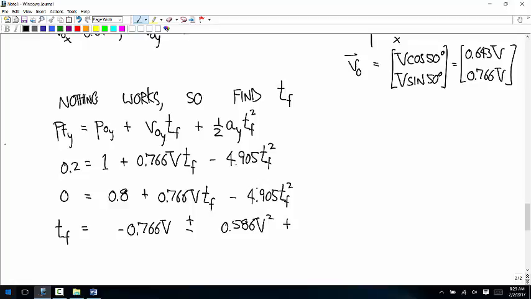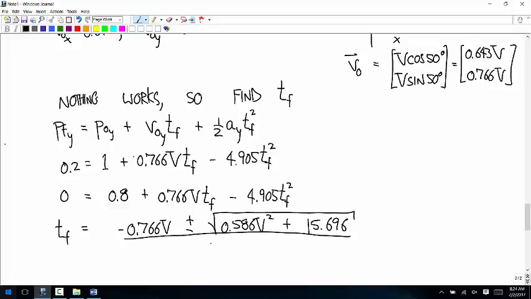What's that? 0.8 times 19.62 is 15.696. That's all square root.